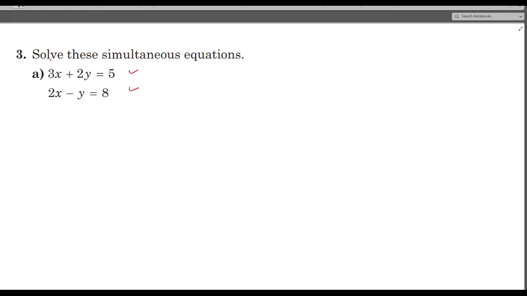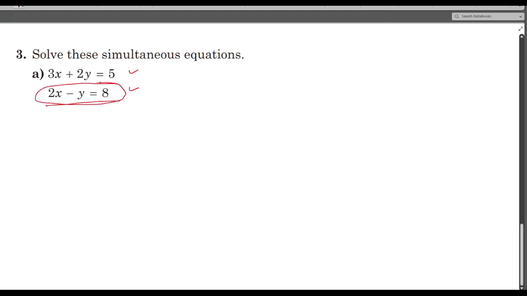In this question you are given 3x plus 2y equals 5 and 2x minus y equals 8. If I want to apply the substitution method, one variable has to be expressed in terms of the other. From the equation 2x minus y equals 8, I can write y equals 2x minus 8.